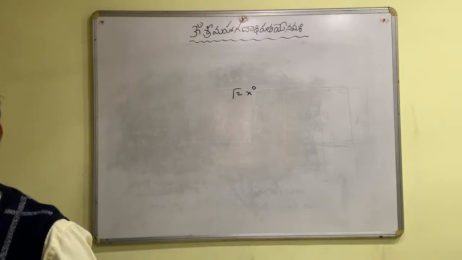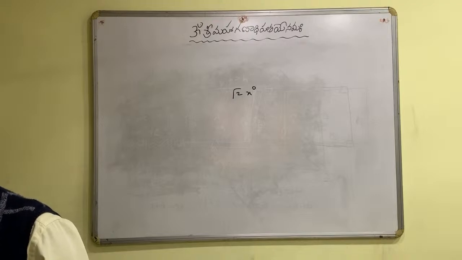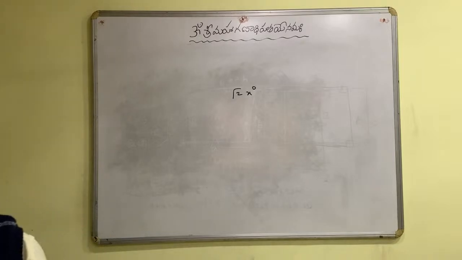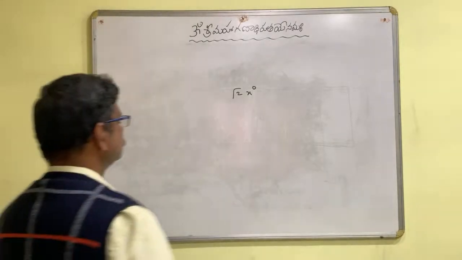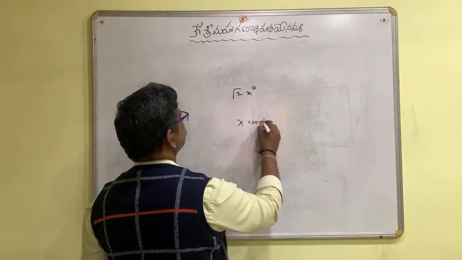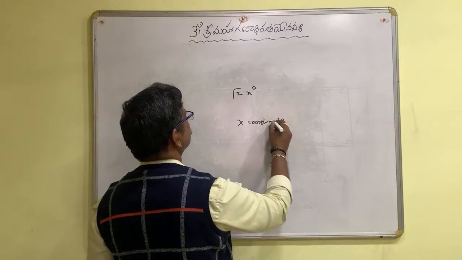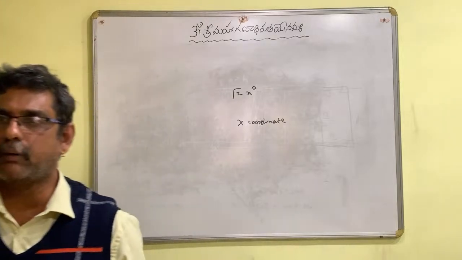Now fourth question. Abscissa of a point is positive in. Abscissa means x coordinate. In which quadrants is the x coordinate positive?